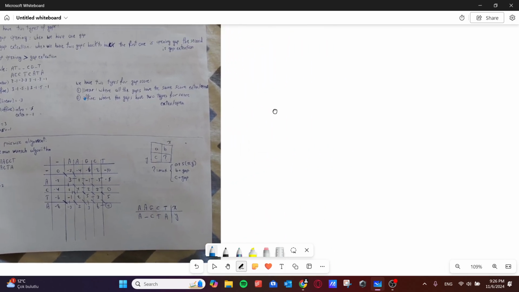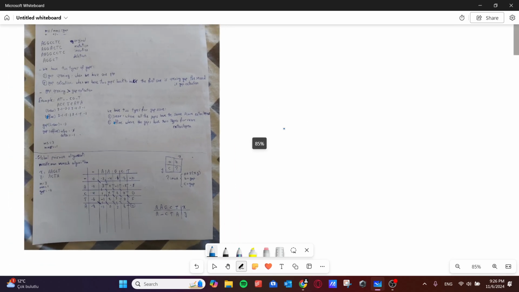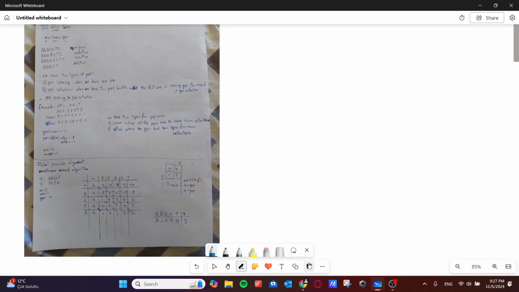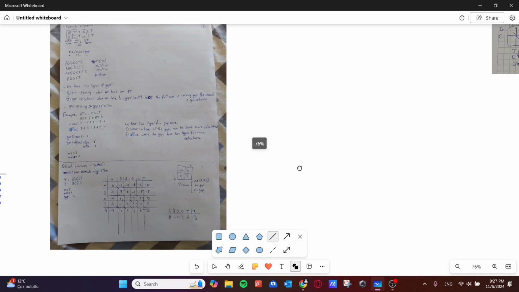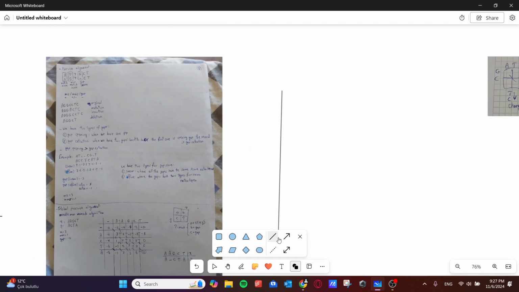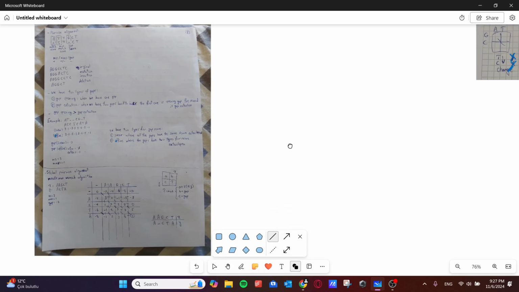So let's try to draw a table. So like this. Okay, copy paste this, I guess.